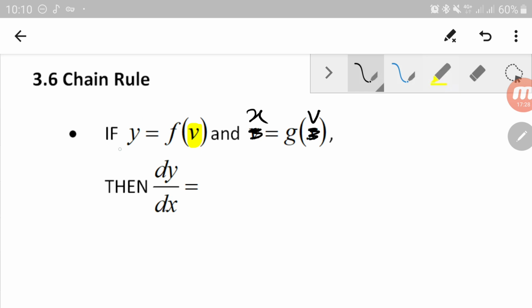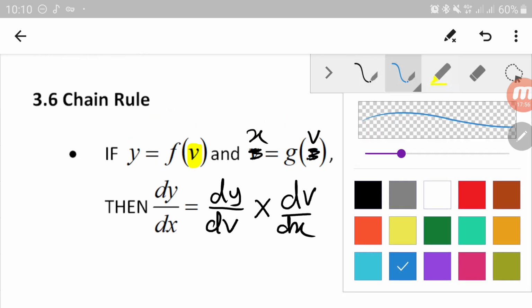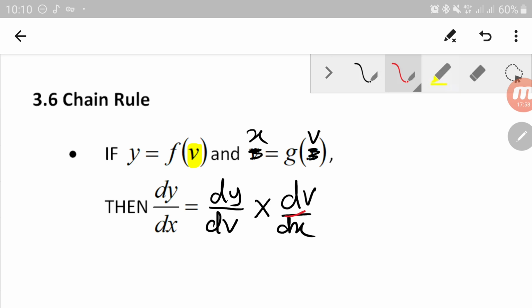So y is f, a function in terms of v, and x is a function g in terms of v. So how are we going to get dy/dx? It's simple. It's dy/dv multiply dv/dx. So why is it called chain rule? Because the element here must be chained to this one.